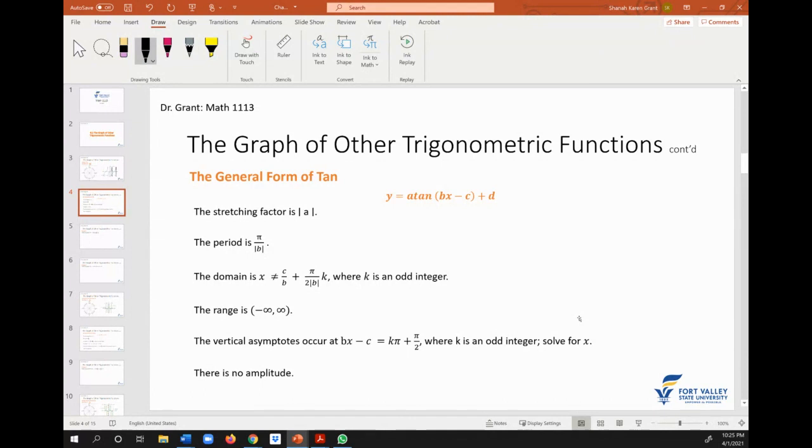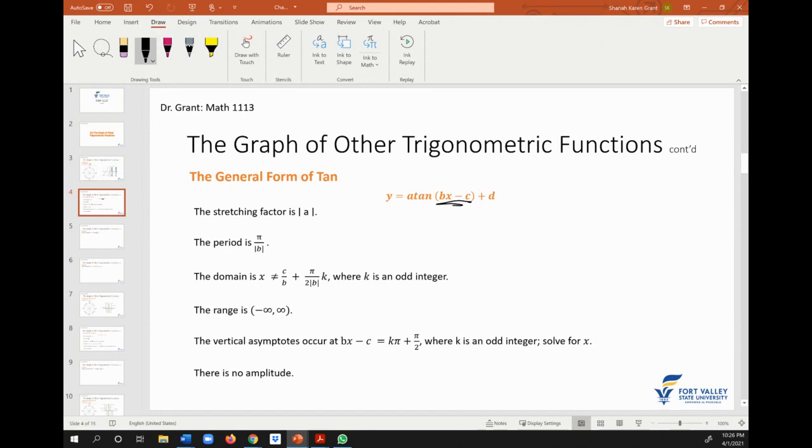The domain is going to be all x values except for those values that are equal to c over b plus pi over 2b times k. To find your vertical asymptote, you're going to set whatever is in your parentheses equal to k pi plus pi over 2, where k is an odd integer. And basically, you're going to solve for x.